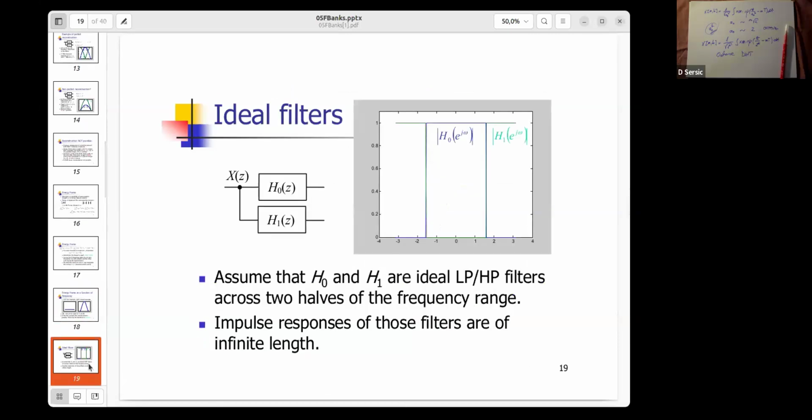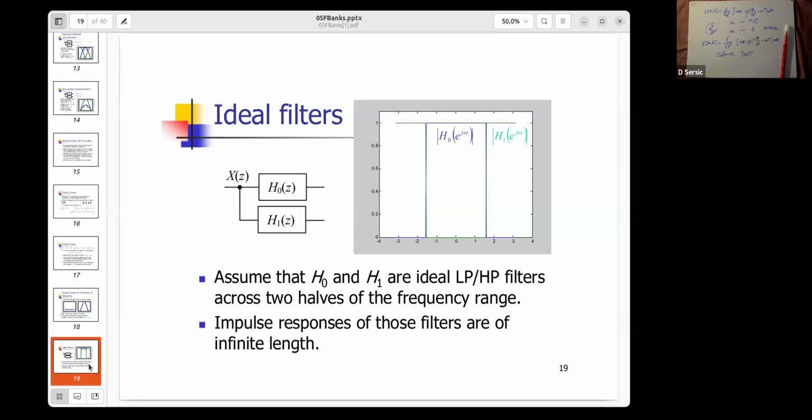Okay, so our first example was about the simplest possible filters. H0 was a lousy low-pass filter, H1 was a lousy high-pass filter. This example is kind of opposite. Let's have ideal low-pass and ideal high-pass filters that actually take a part of the input signal spectrum.